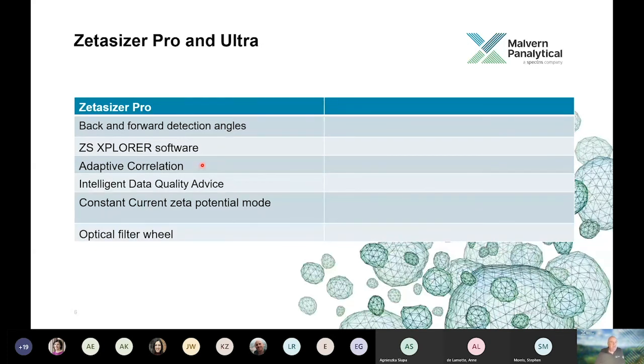Adaptive correlation, I'm going to spend a slide in a minute just talking about that, because we think it's a huge advancement in DLS, which is why we've applied for a patent. We've developed a neural network capability for sizing measurements. So what the software will do automatically, it takes the correlation function data and some of the key parameters we obtain from that measurement, and it will tell the user whether that data quality is good or bad.